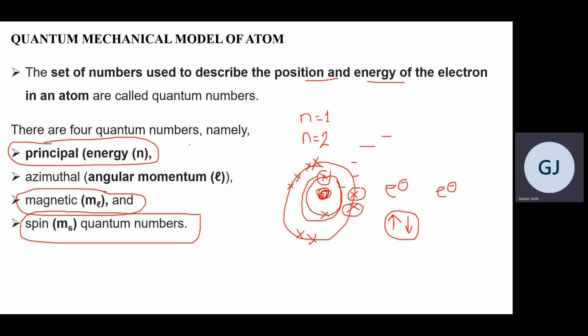Now we have the azimuthal quantum number, which defines the angular momentum of an electron in an atom. Now I will describe all these: the principal quantum number, azimuthal quantum number, magnetic quantum number, and the spin quantum number.